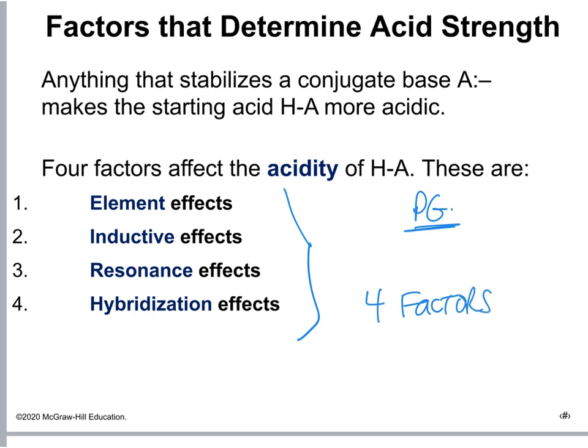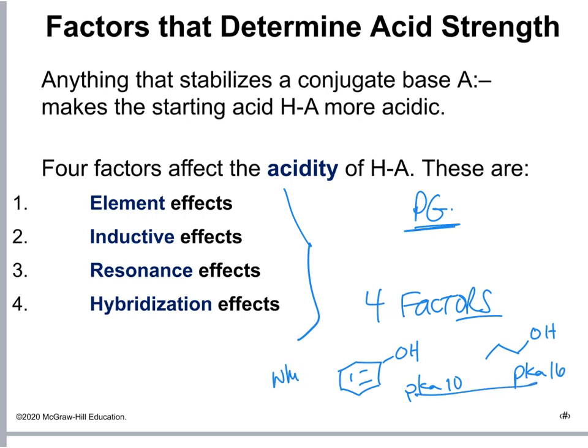And sometimes I'll ask, why is this pKa lower than this other pKa? So this has a pKa of 10. This has a pKa of 16. Now why? It's one of these factors. The answer to why is always one of these factors.